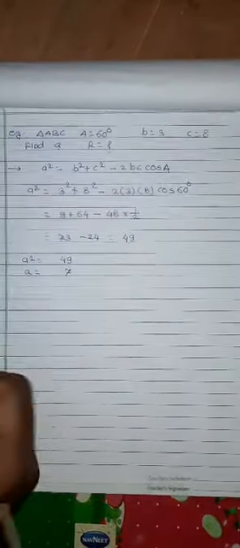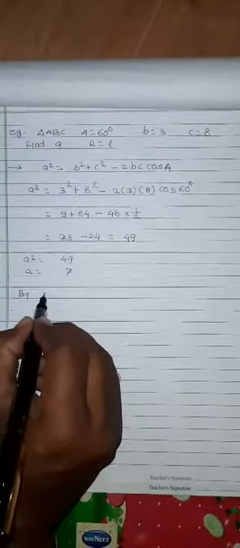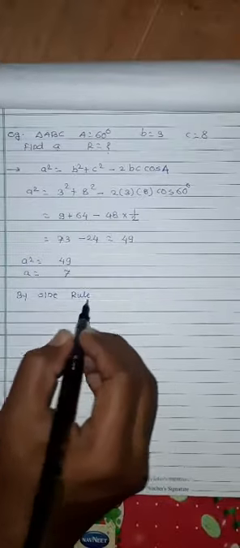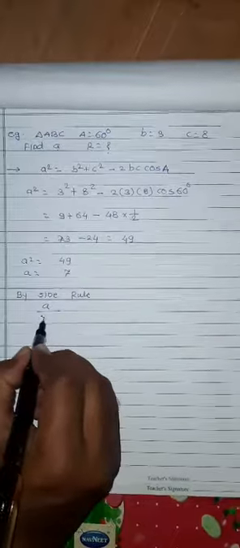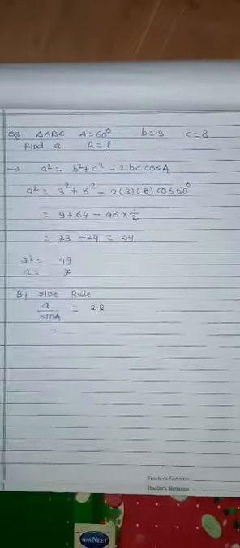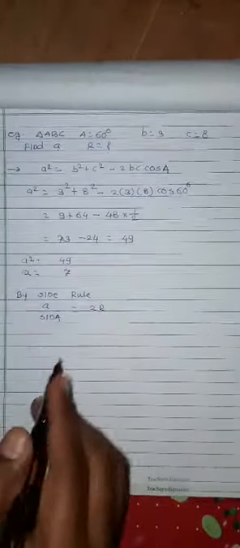By sine rule, again we have to use the sine rule. What is the sine rule? a upon sine A is equal to twice of R. We have to put only this here. After that, put this value.